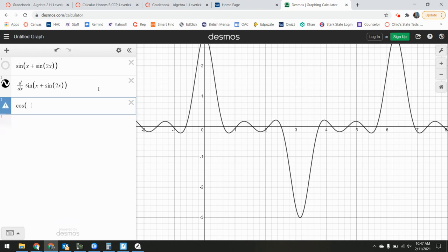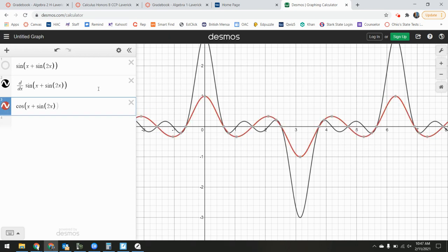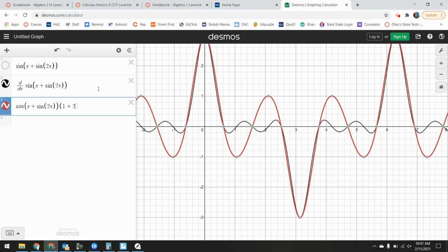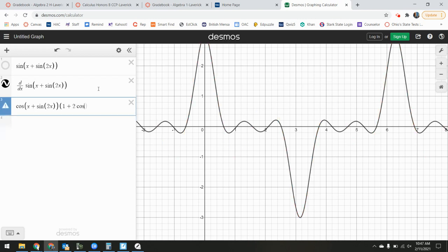Cosine of x plus sine of 2x, in parentheses, times 1 plus 2 cosine 2x. Look at that. Yeah, same graph. So I know I got my derivative right.